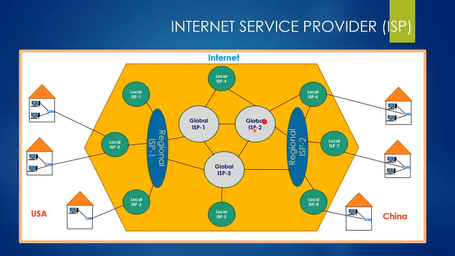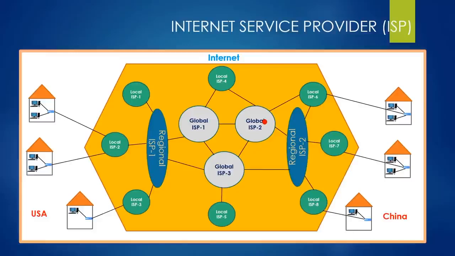For example, from global ISP2 to local ISP6, regional ISP2, local ISP7, and destination, or from global ISP2 directly to regional ISP2, local ISP7, and destination, or from global ISP2 to global ISP3, regional ISP2, local ISP7, and destination again. All of them are suitable paths.